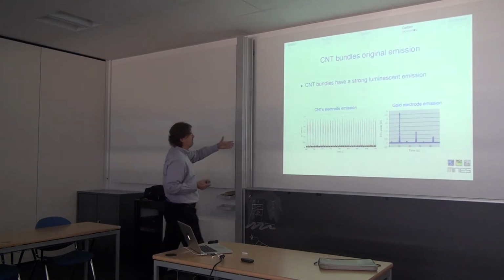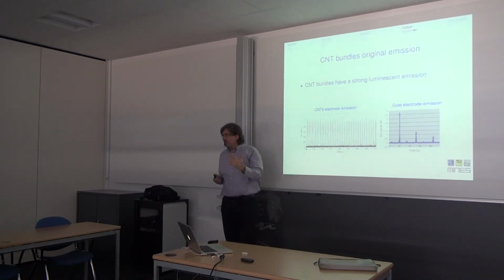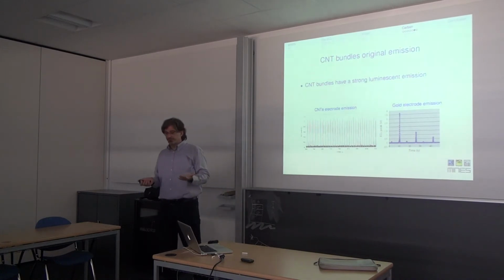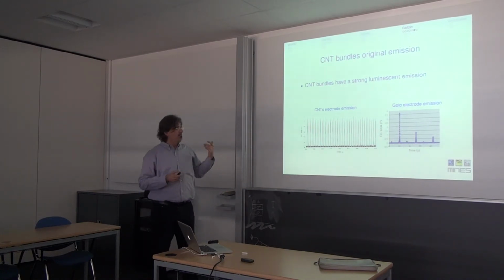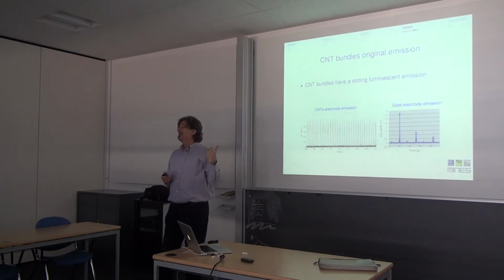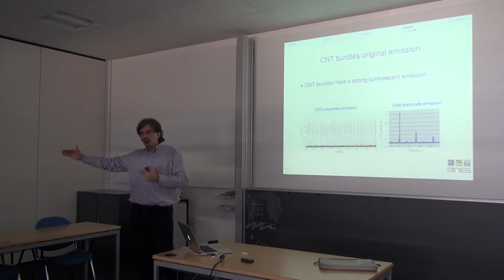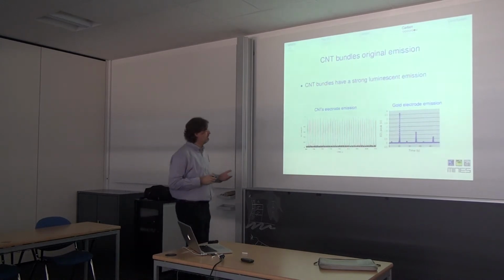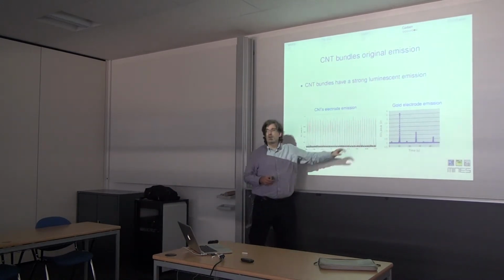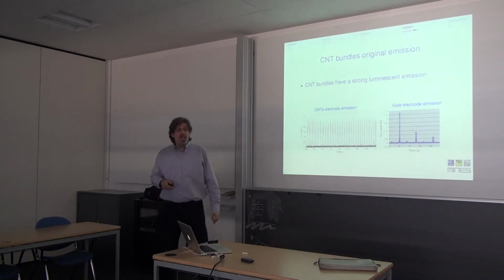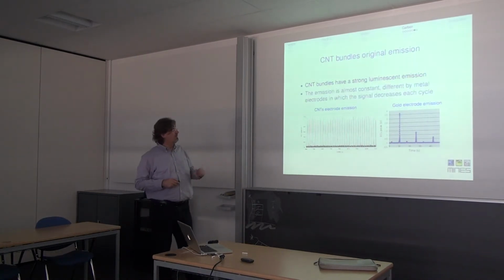Of course, as always, it's not absolutely perfect, it's an experimental result. But we did hundreds of cycles. After maybe 300, it depends again on the experimental setup, you start to lose efficiency. But the efficiency is absolutely great in terms of emission.